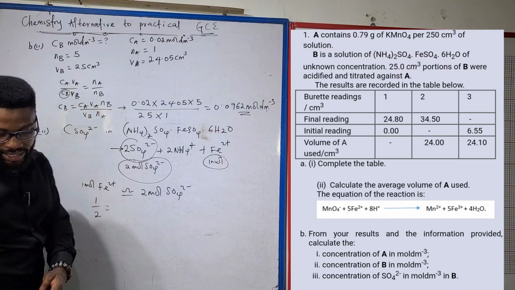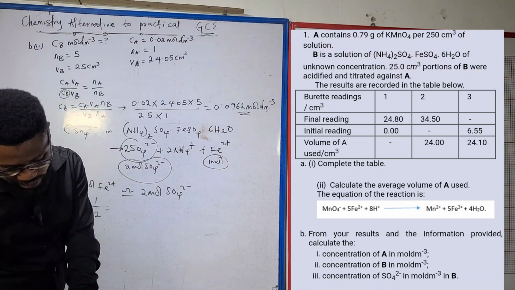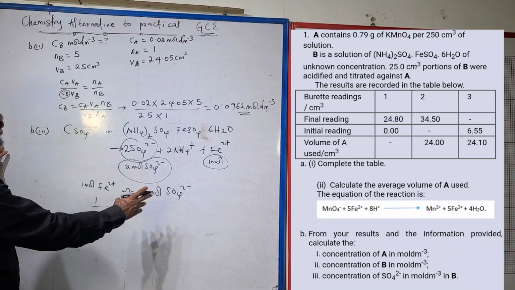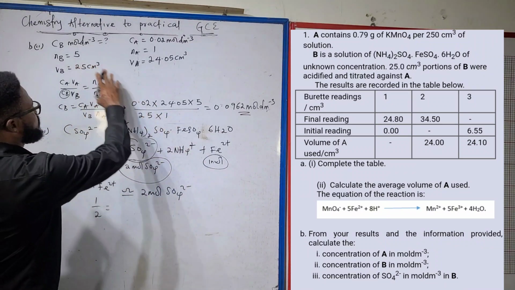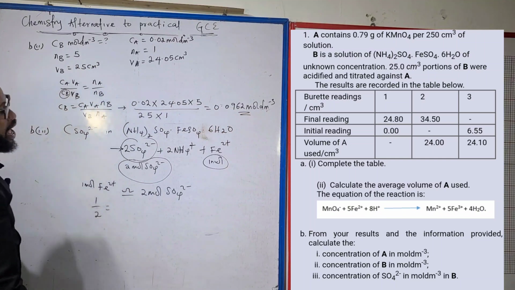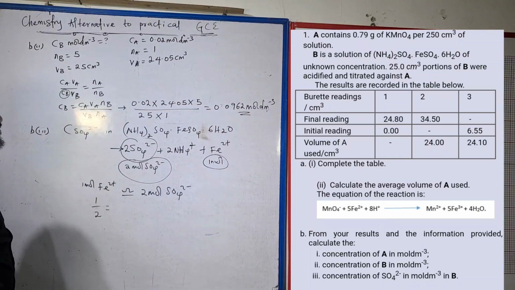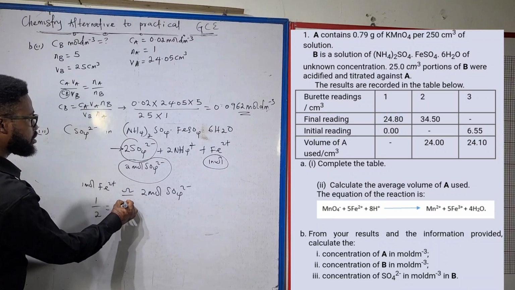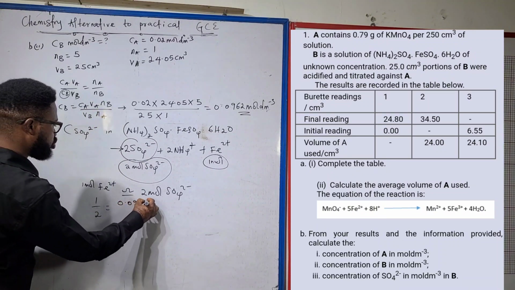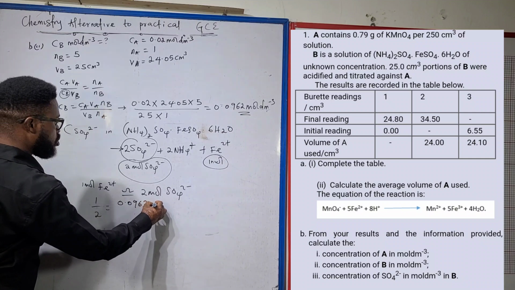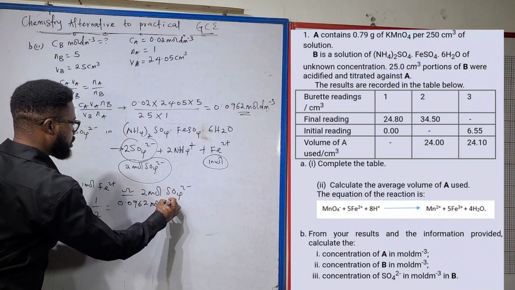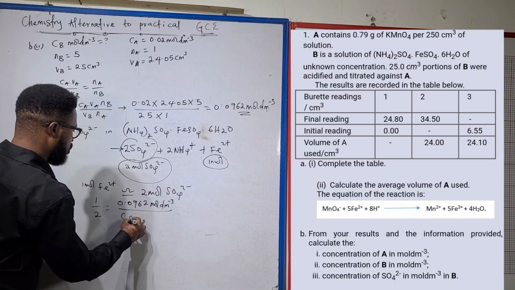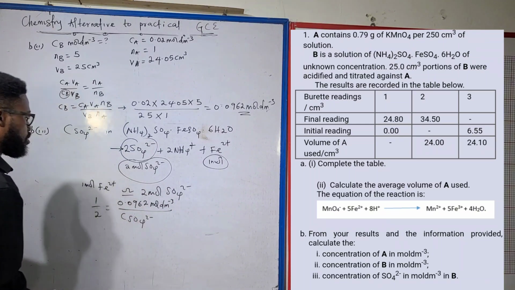Now the concentration which I calculated before for the base, which is the iron sulfate, is 0.0962 mole per dm cube, divided by the concentration of my SO4 2 minus.